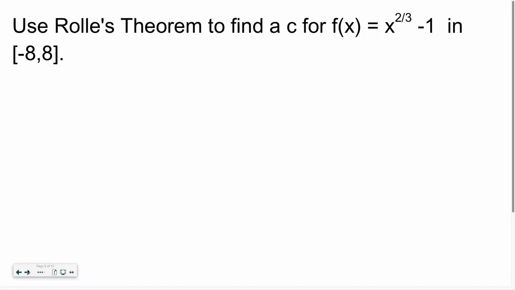Okay, how about this one? F of x equals x to the 2/3 minus 1 on the interval -8 to 8.